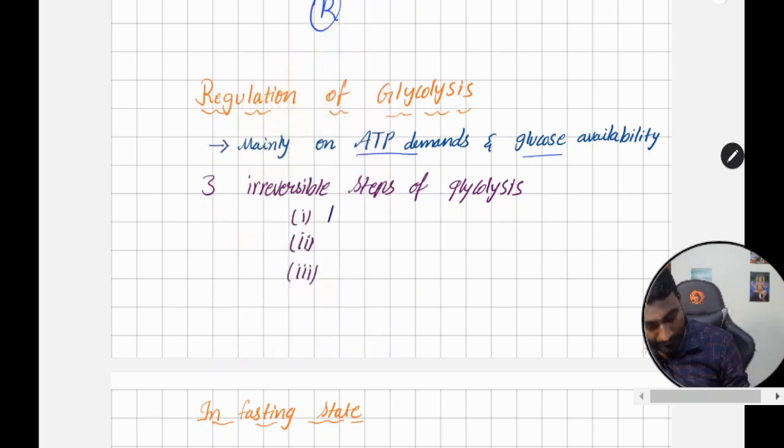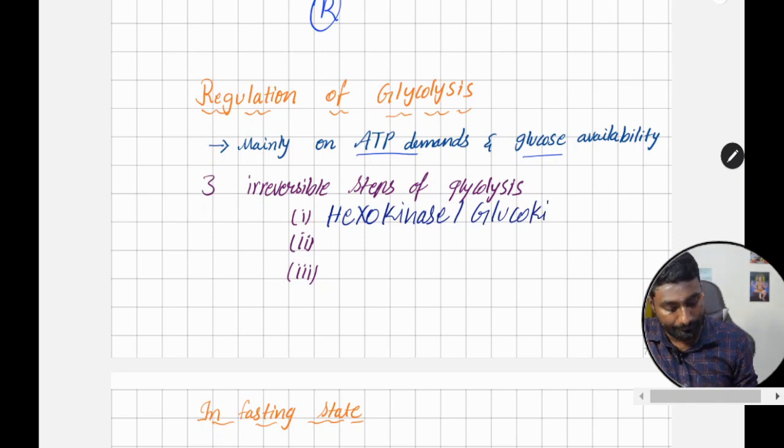The step in the conversion of glucose to glucose 6 phosphate, your hexokinase or glucokinase step, phosphofructokinase 1, and finally pyruvate kinase.